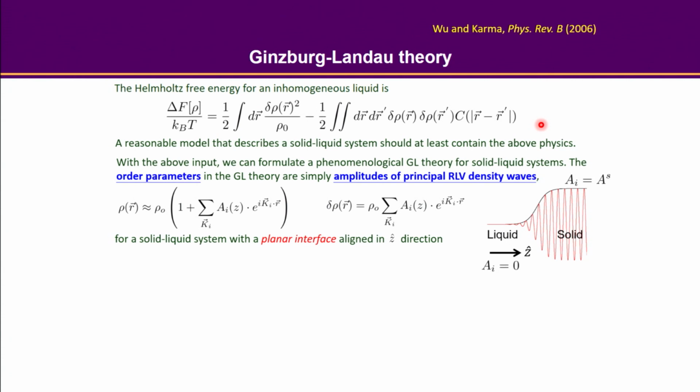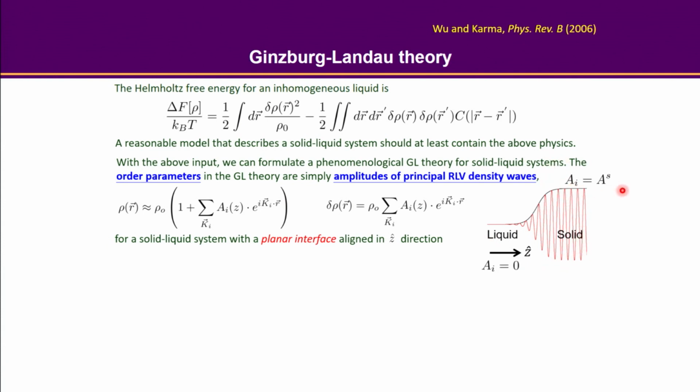system. So first, what would be the order parameter for the phase field or for Ginzburg-Landau theory here, right? Since we are describing something like a solid-liquid interface, and the delta rho is the density variation, the order parameter that distinguishes the solid phase and the liquid phase is the amplitude of this oscillation, right?